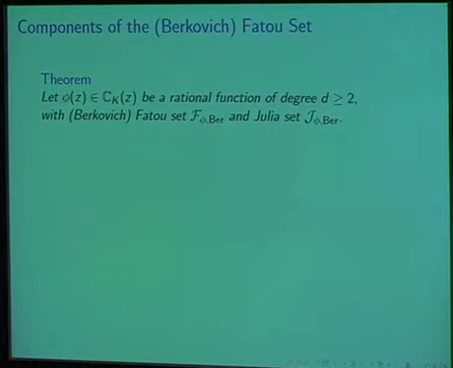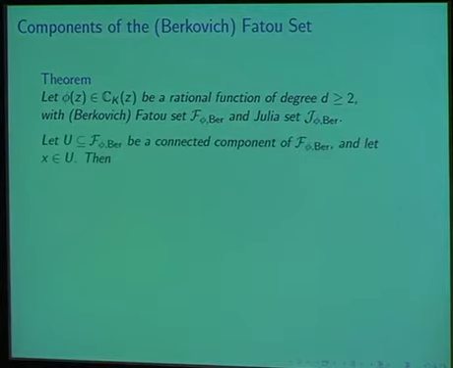Okay, so let's take a rational function of degree at least 2, as always, with Berkovich Fatou and Julia sets, same notation. Take a connected component of it. Again, we're dealing with a topological space. You can talk about the connected components of the Fatou set sitting inside the Berkovich space.